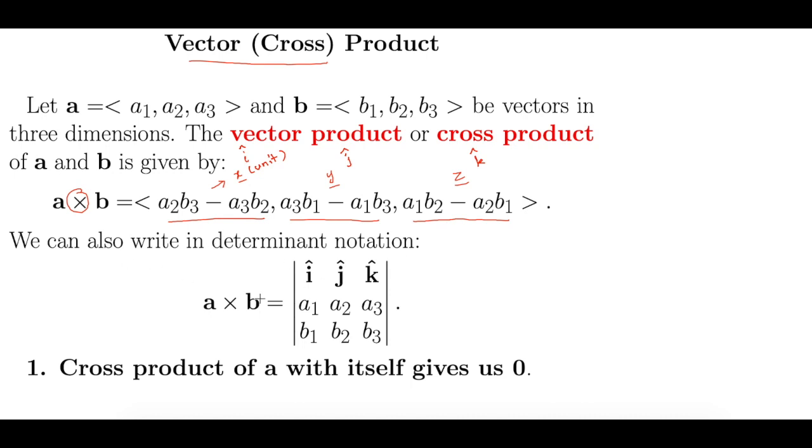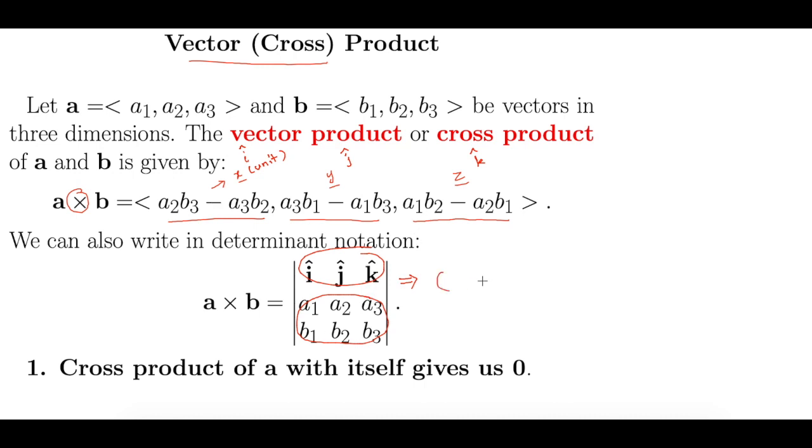Then we can also use the determinant notation. Now note that this is actually not a determinant. Why? Because these are scalars and this is a vector. So in principle this is not a determinant, but we can use this notation to expand this to reach this.